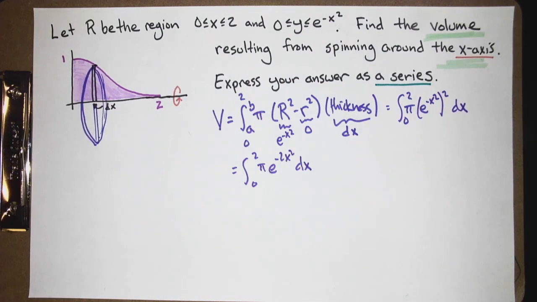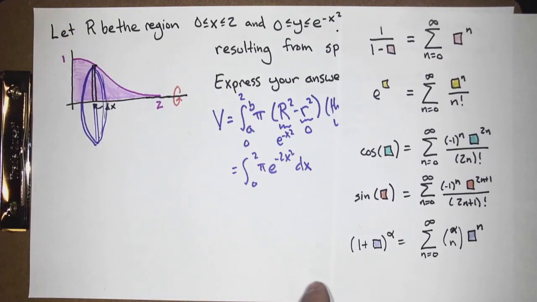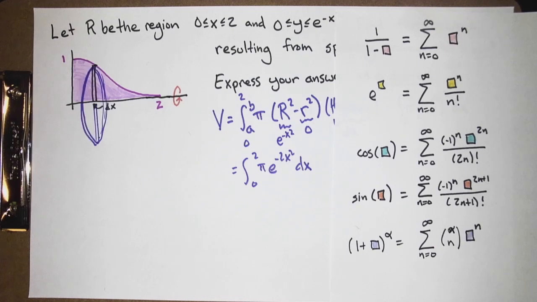All right, now I just went on a rant about how e to the minus x squared doesn't have a nice antiderivative. What about e to the minus 2x squared? Same rant, so I won't give it again. It's just hopeless. But that's not the point here. When we see this as a series, we ask, can we rewrite this as a series?